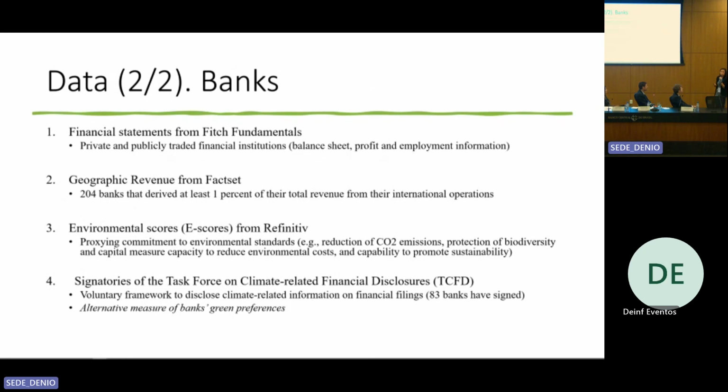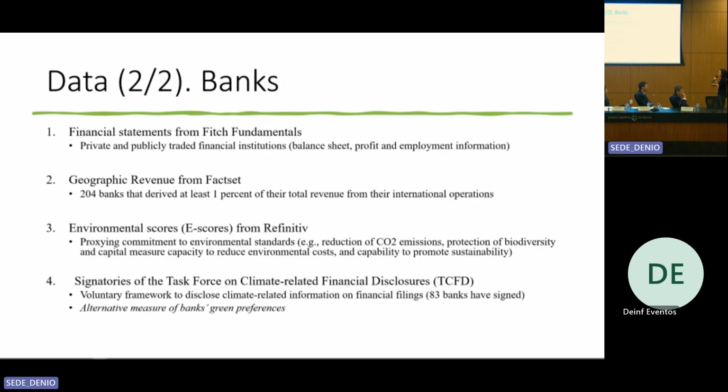FactSet gives us the geographic revenue of all institutions across different countries. With this data set, we find 204 global banks that derive at least 1% of their total revenue from their international operations. For instance, you'll see in the next slide Santander, and where Santander operates in the different countries.